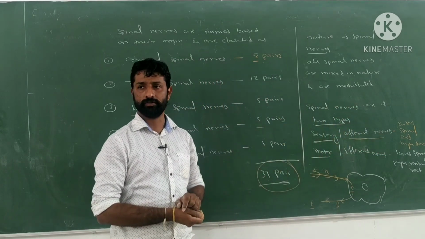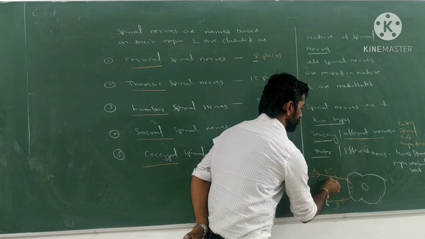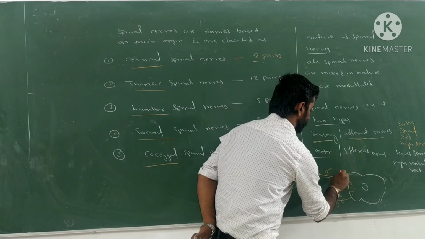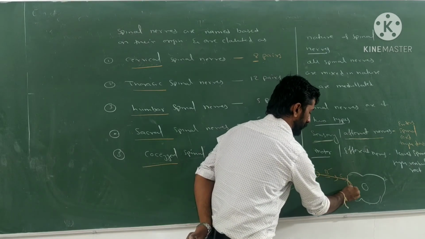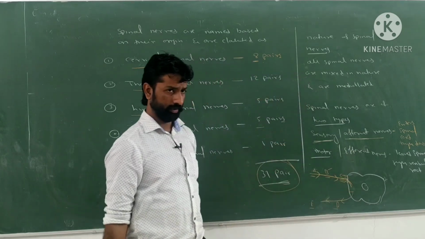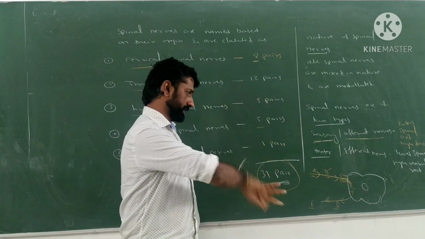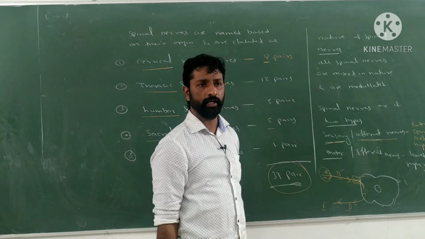So here, C is the sensory nerve which is carrying the sensory information through the dorsal root of the spinal cord. Before the sensory nerve, A represents the sensory organ.